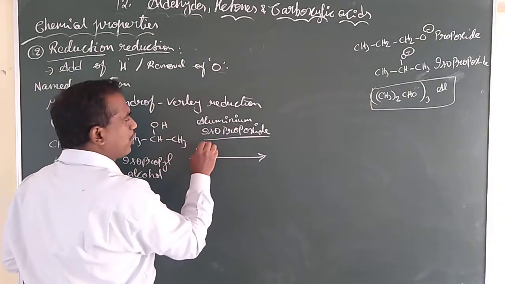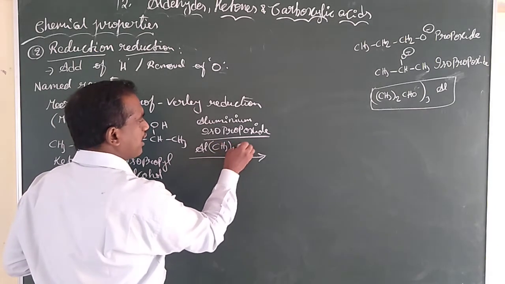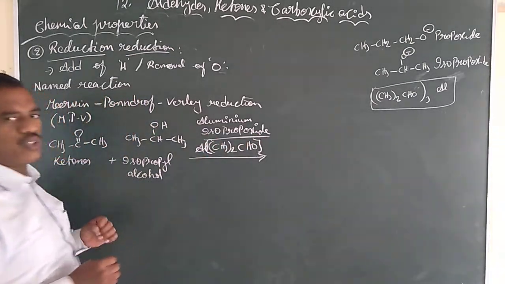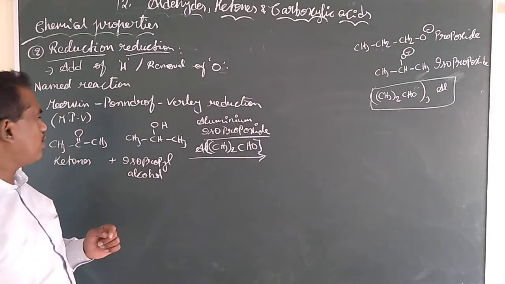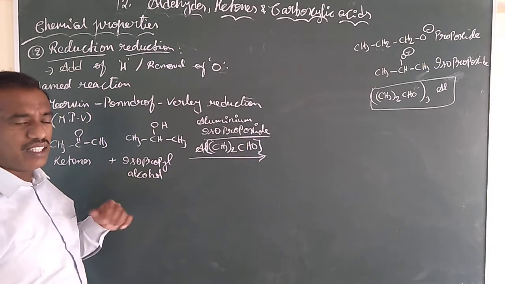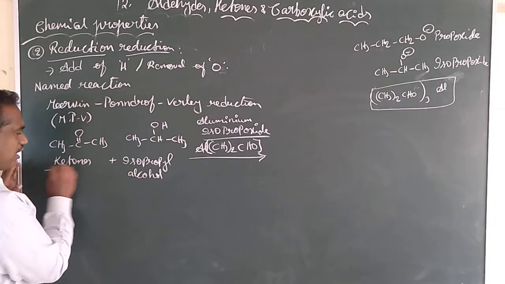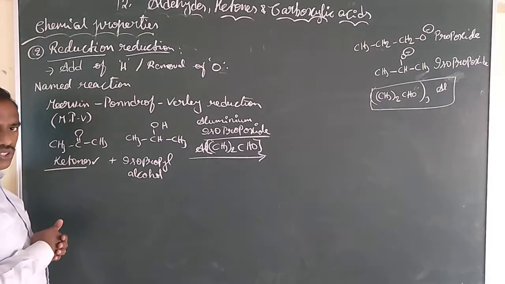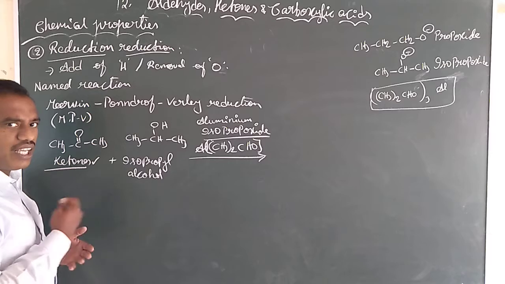From the examination point of view, they will give you this as aluminium (CH3)2CHO. Whenever this comes, it means aluminium isopropoxide. What does it do? It is a very strong reducing reagent. Our ketone will get hydrogens, while the other reagent will lose hydrogens.